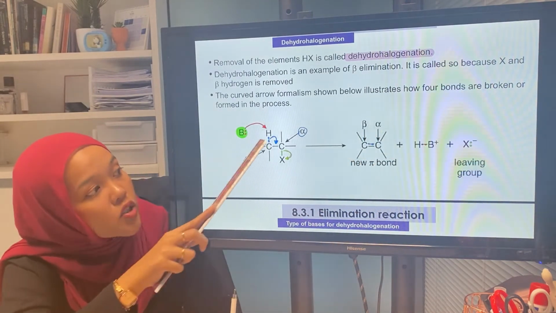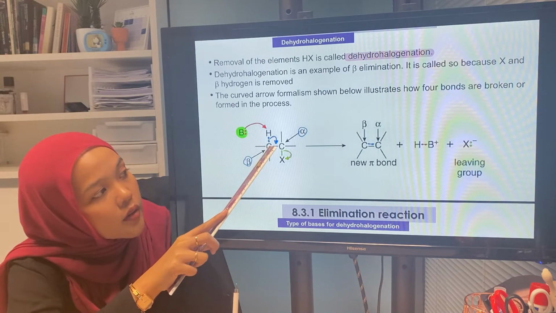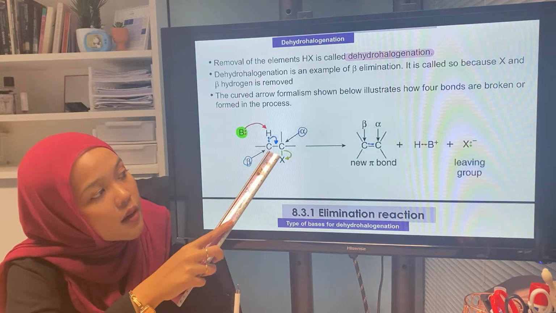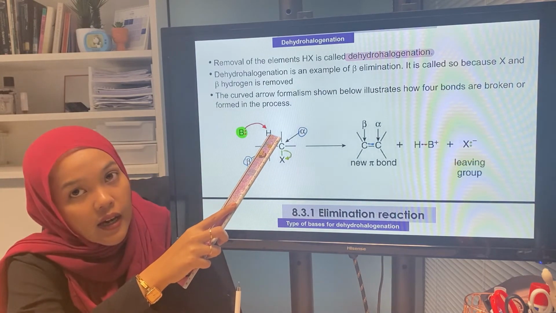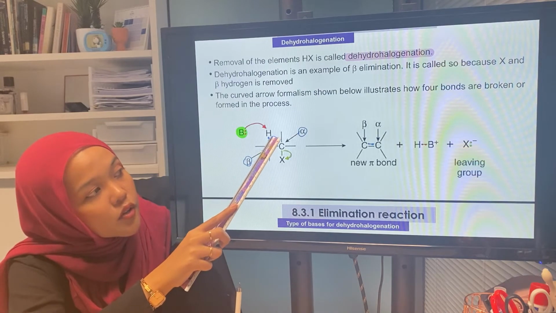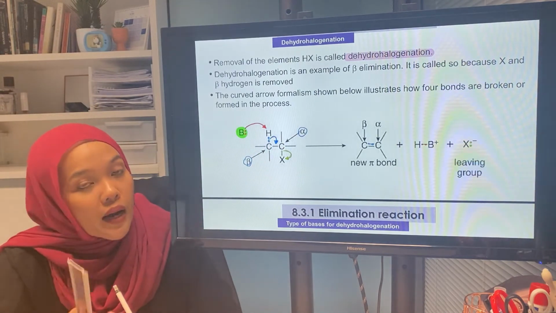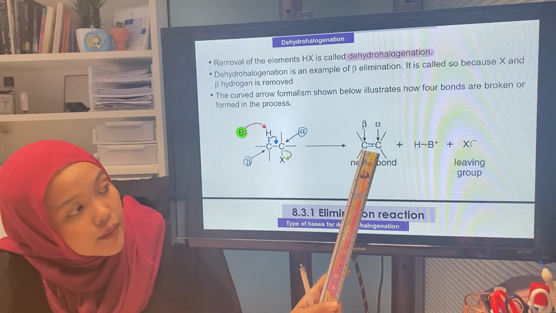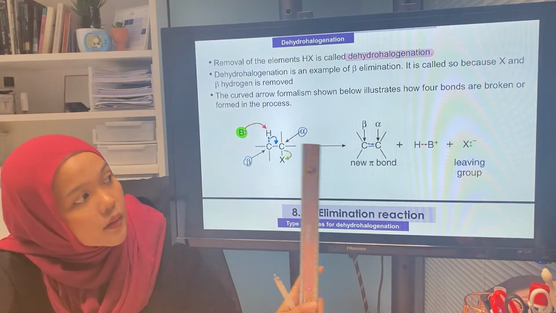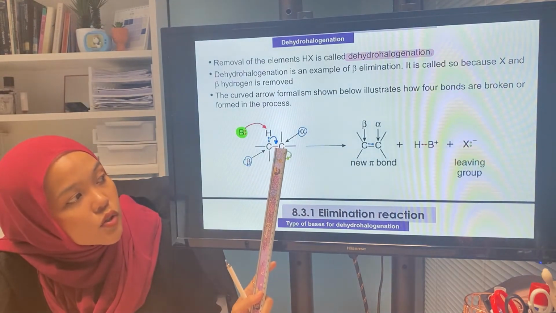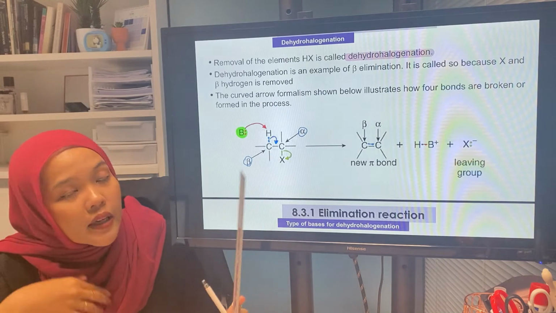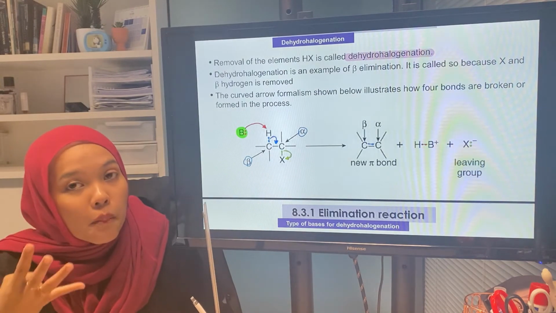What happened to the electrons between the beta carbon and the beta hydrogen? They are going to be transferred as a pi bond. Now when they want to make a bond, remember carbon can only have 4 bonds maximum.